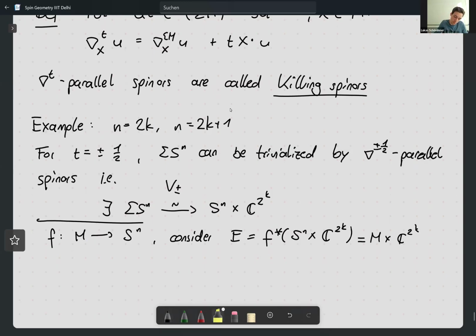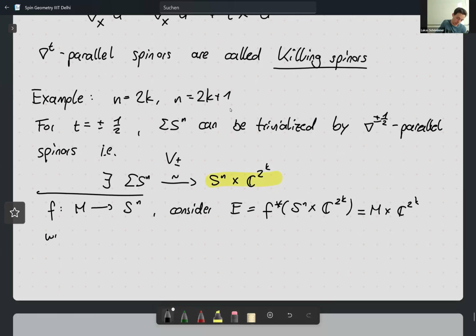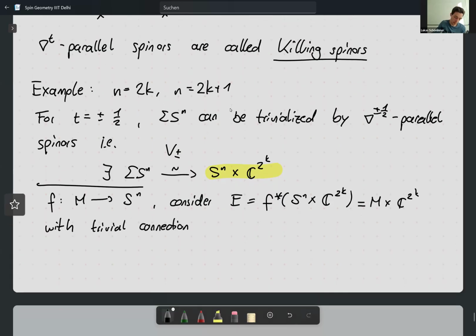Via these trivializations, this is the same thing as pulling back the spinor bundle over the n-sphere. We equip it with the trivial connection, by which I mean just the differential, and we consider the twisted Dirac operator of it.